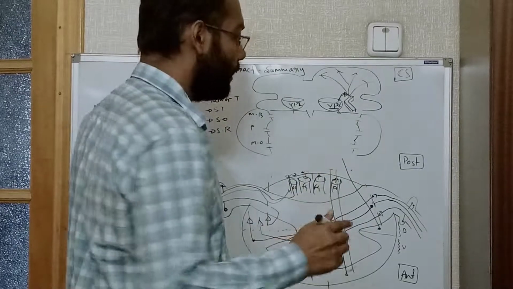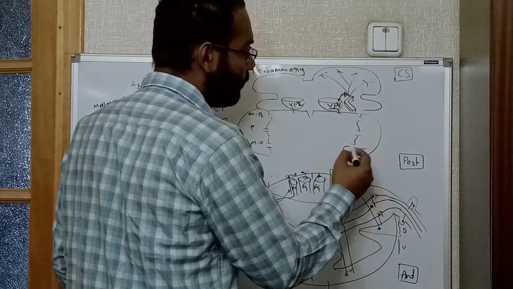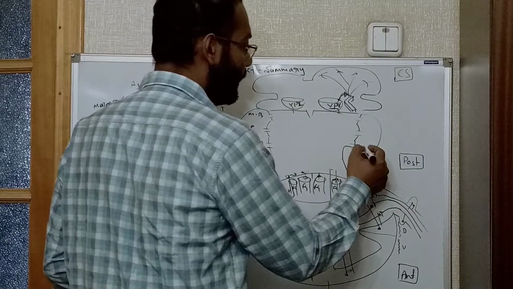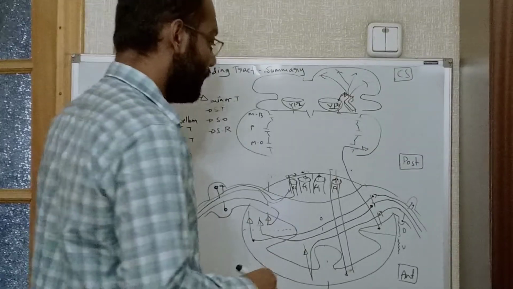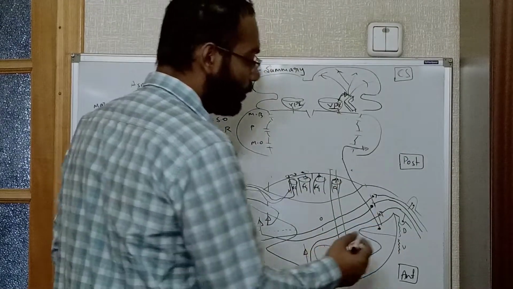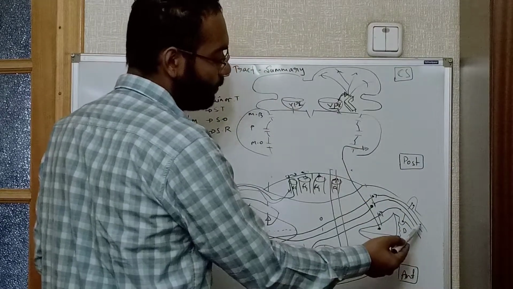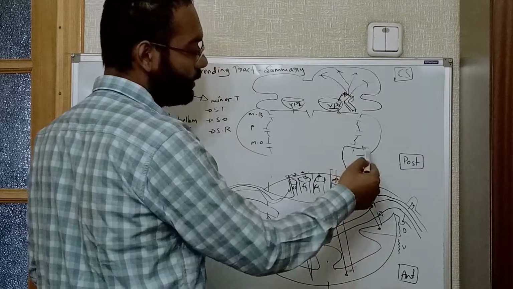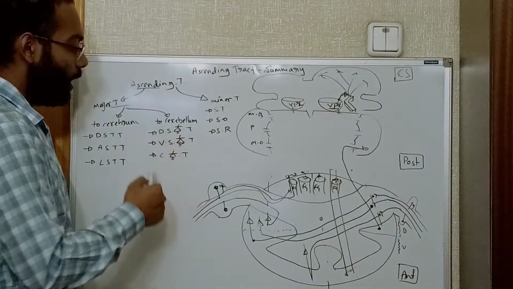It is simple, and it will go to the cerebellum via the inferior cerebellar peduncle. Now, this is an ipsilateral pathway. Fibers come from here, end up here, then come like this. Ipsilateral. All the cerebellar pathways are ipsilateral.